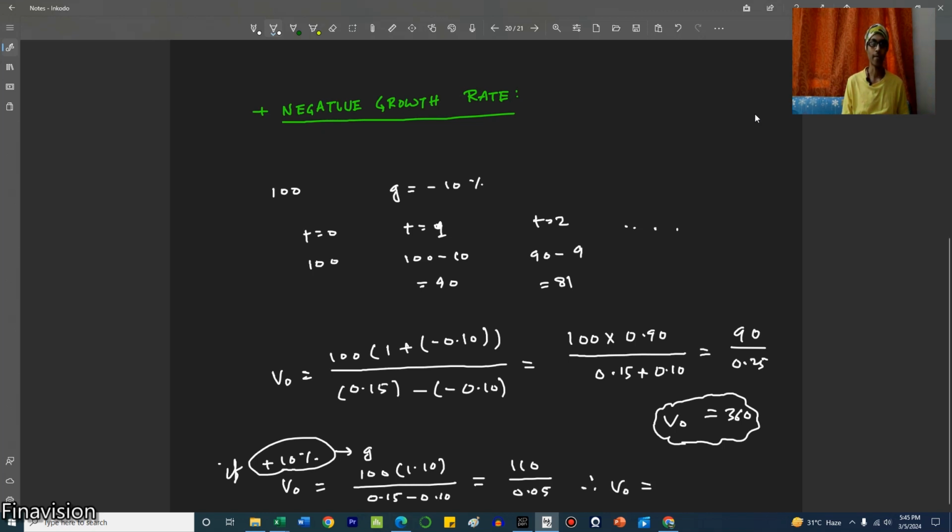Therefore, this is V0 for plus 10%, which is 2200. So you can see the drastic difference in valuation. This is plus 10%, this is minus 10%. Just because the growth rate is negative, the value has become drastically less. We can see this through this example, right?